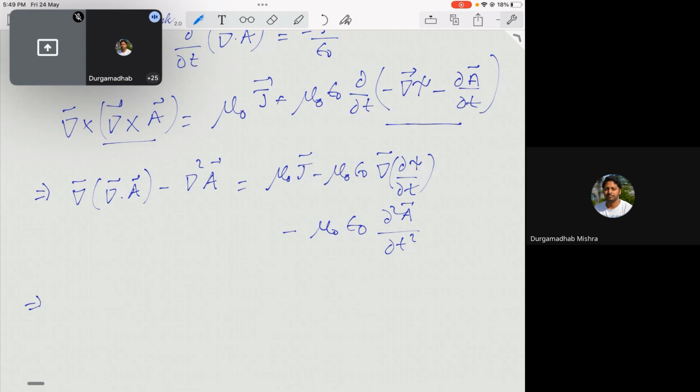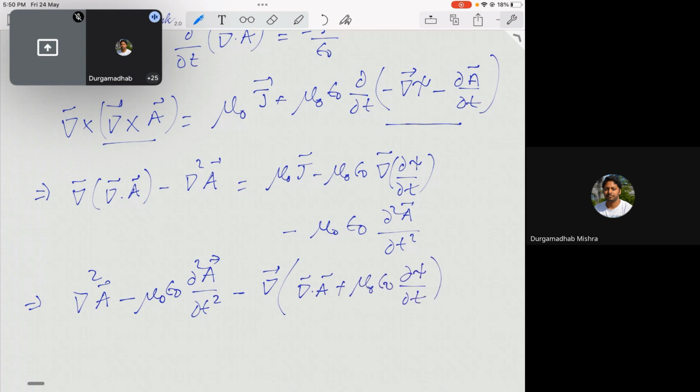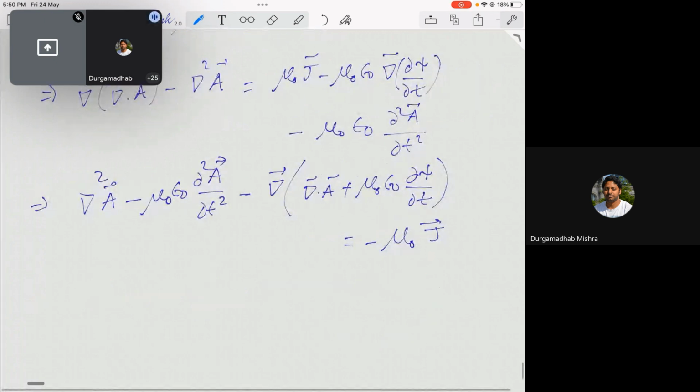If you do that, what you will get is del square A minus mu naught epsilon naught del square A by del T square, then minus the gradient of del dot A plus mu naught epsilon naught del psi by del T, equal to minus mu naught J. So we are just rearranging this equation, and you will get this expression.